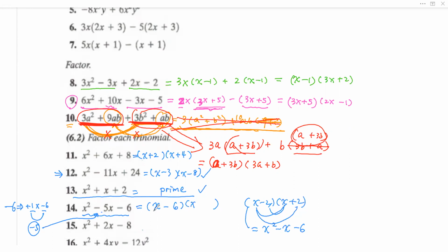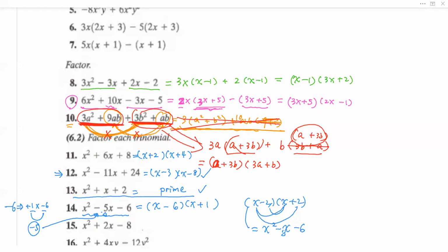So here it is -6 plus 1. So double check it. If they do not match up, like this one here, double check it. It means rethink about it, all right? All right, next.